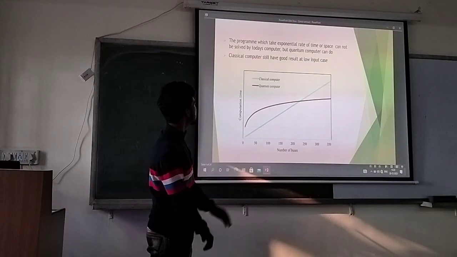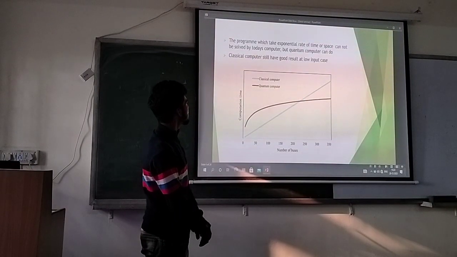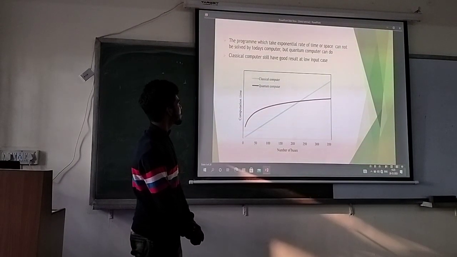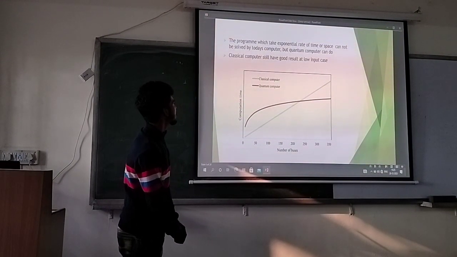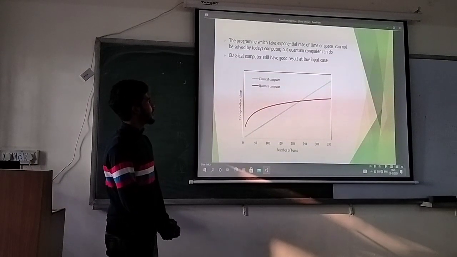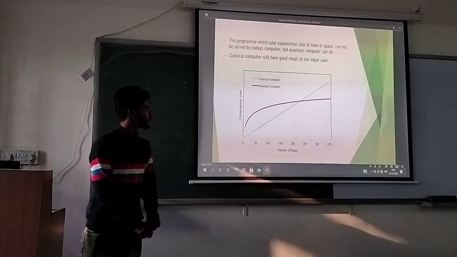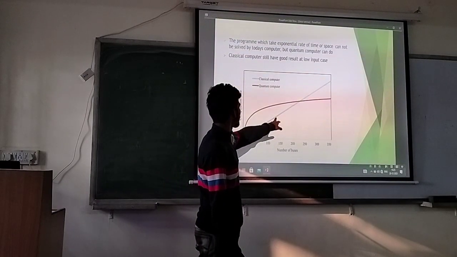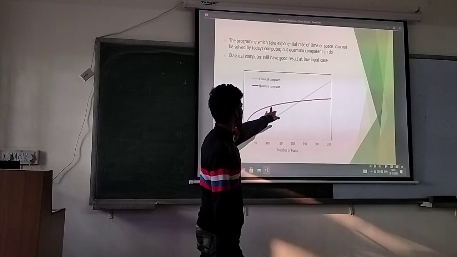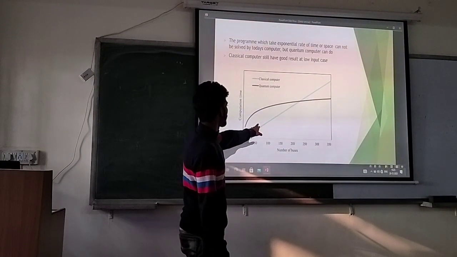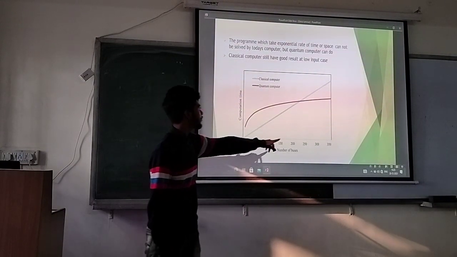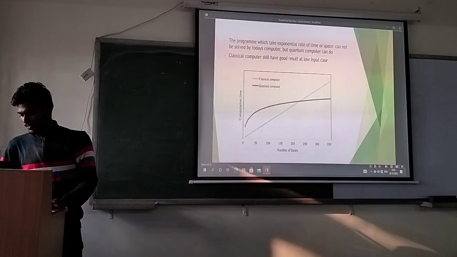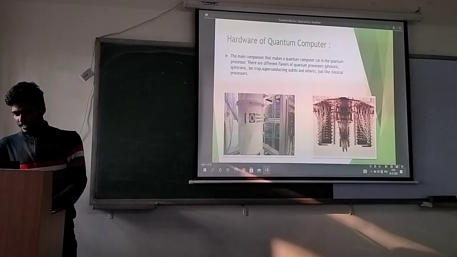The classical computer is very good there. The programs which take an exponential rate of time or space cannot be solved by today's computer, but quantum computer can do it. And the classical computer still gives good results in the low input case. So we can see here that the classical computer gives good results in the blue mark, and the red mark is overshooting the blue mark in the low input case, but in the high input case the red mark is lower. So quantum computer is very beneficial in the large input case.